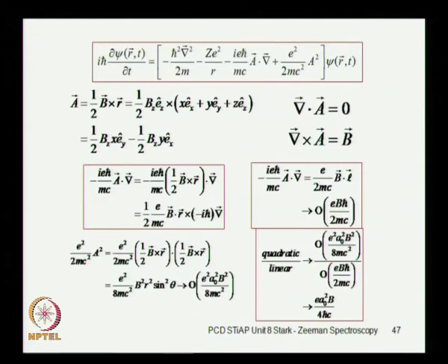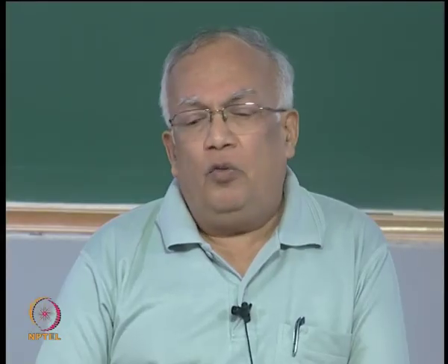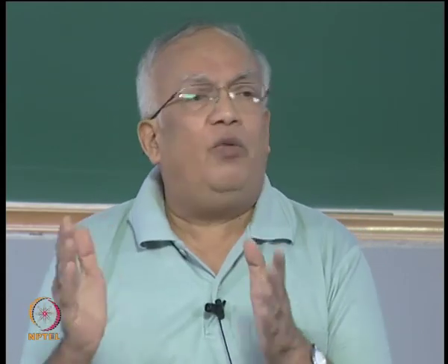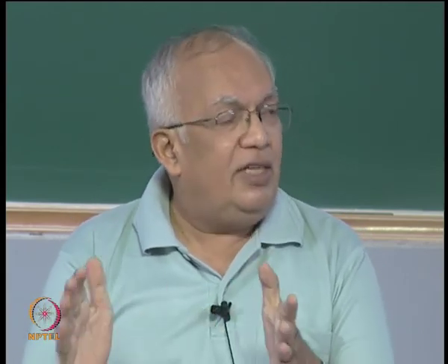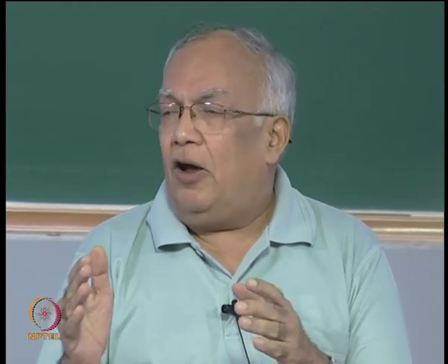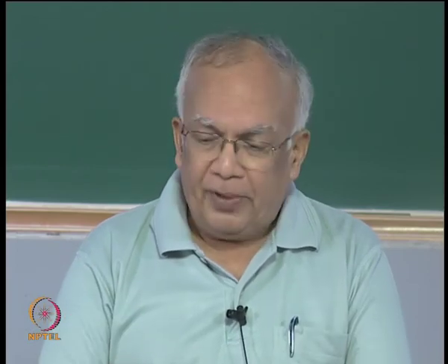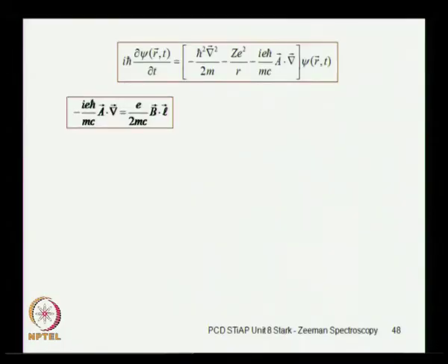So, this term can be ignored. You usually have rather weak fields, but within this domain of weak fields, which is weak enough so that the B squared term can be ignored, you still have a consideration of how strong the field is within the small weak range. So, we will get into these details.